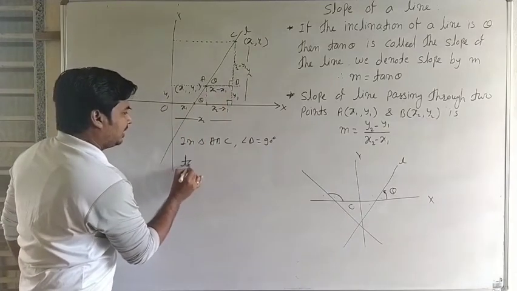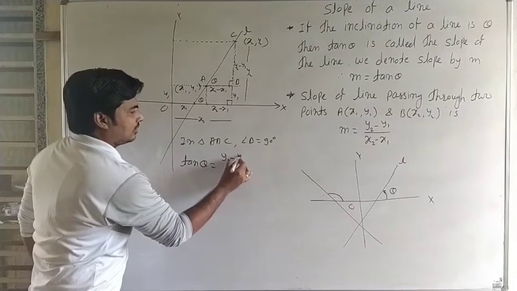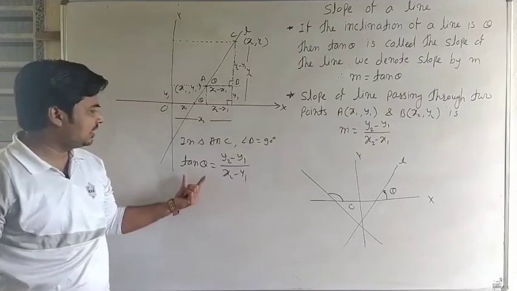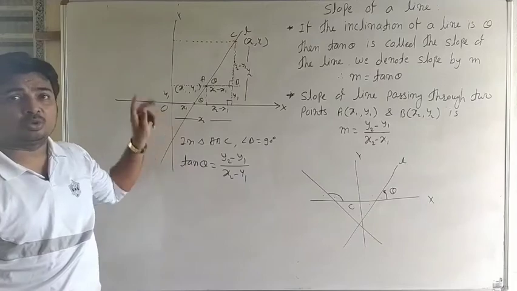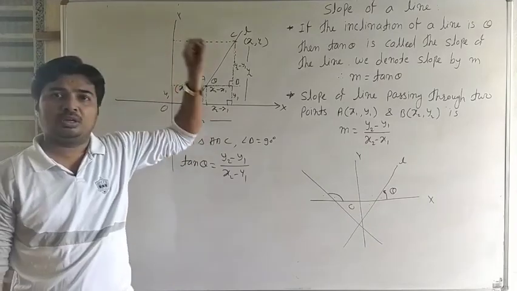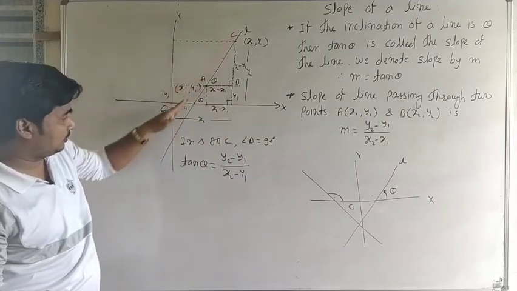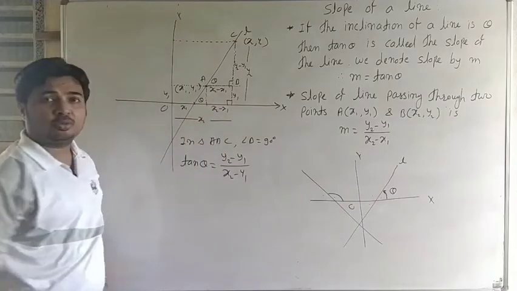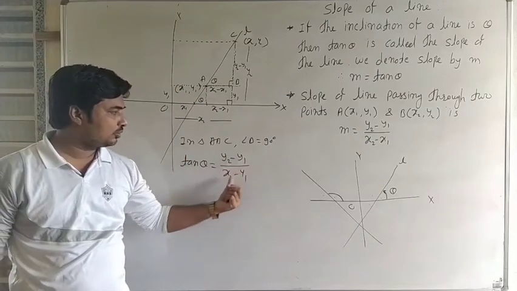In triangle ABC, tan theta is equal to opposite side upon adjacent side, and tan theta is the slope. When it is a single line, the slope of the line is unique; we can take any 2 points on the line and the slope remains the same. This line makes angle theta with the positive direction of the x-axis, therefore the tangent of this angle is the slope, and y2 minus y1 upon x2 minus x1 is also the slope.